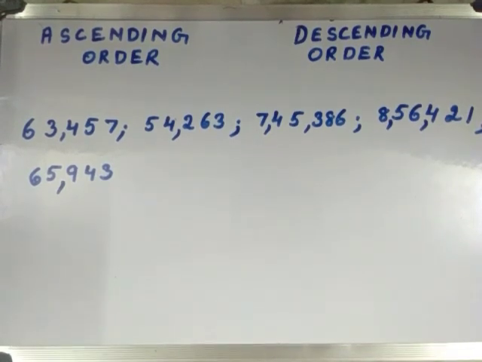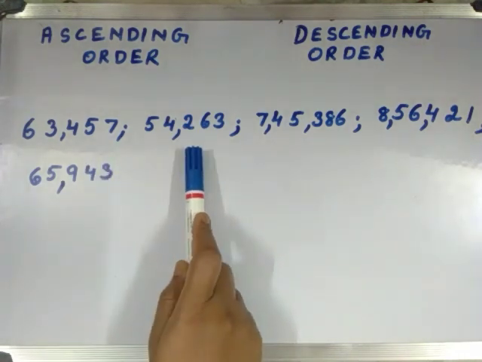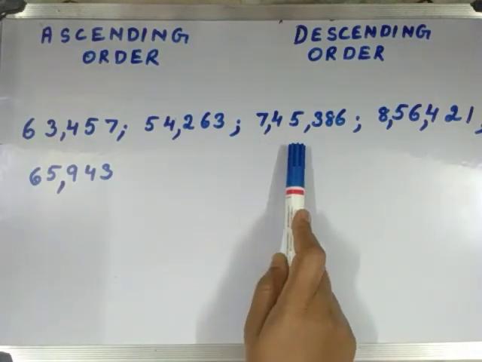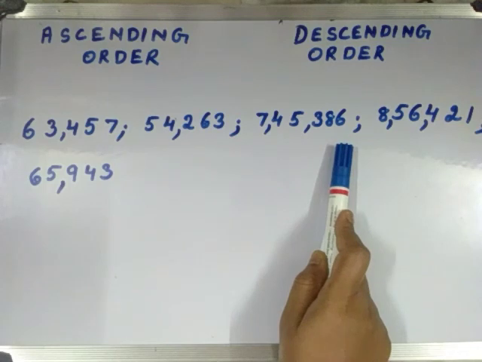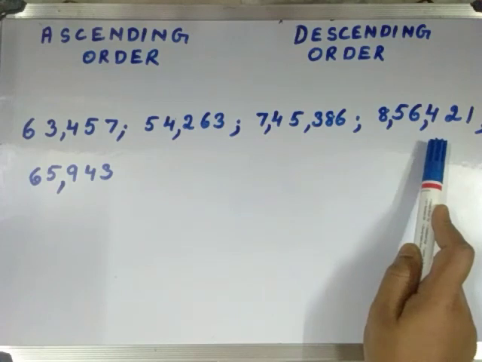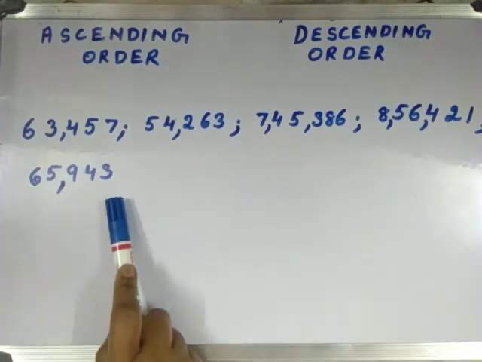We have another set of numbers given here, and we are going to arrange them in increasing order or ascending order. That is 63,457, 54,263, 7,45,386, 8,56,421 and 65,943.